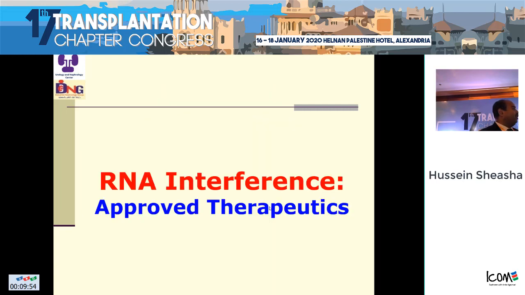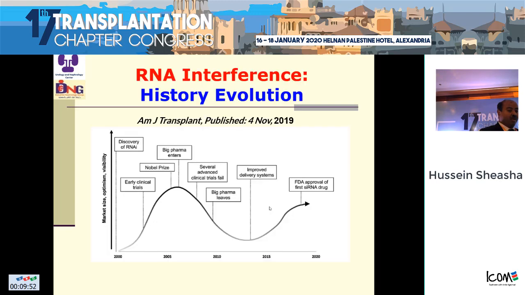If there is any approved treatment in the medicine, you will be surprised. After the Nobel Prize in 2006, Big Pharma entered the research of RNA to find therapeutics for many diseases. But because of failure, because at the time there was no refinement of the technology, the Big Pharma left the field.